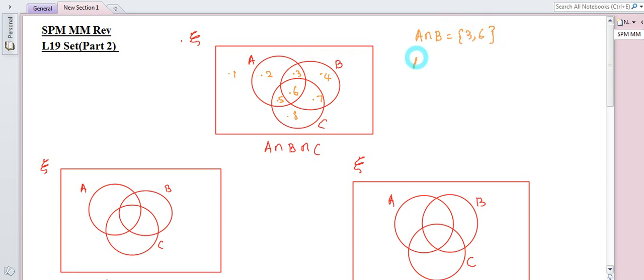Now we proceed to A intersection B intersection C. This part, which overlaps with C, is 6. So the region that we want is actually here.